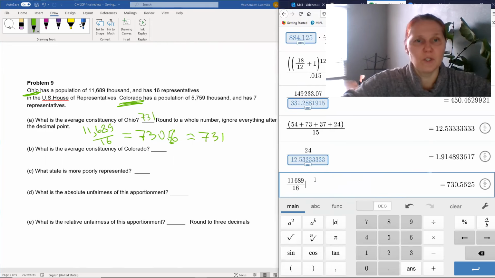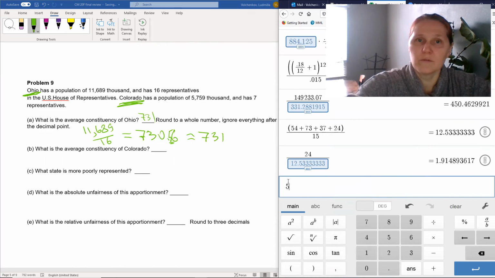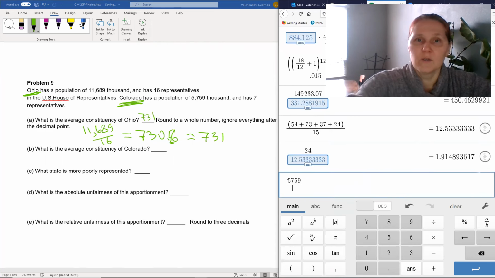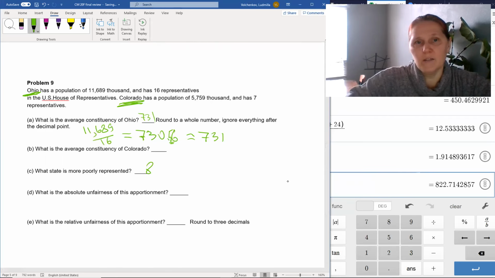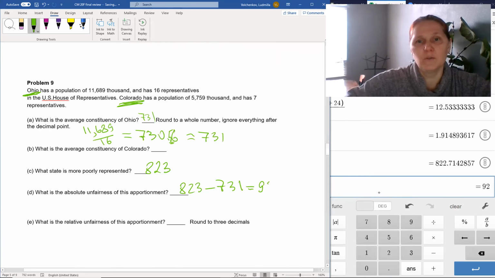Average constituency of Colorado is 823. Also, we round up because the next digit is 7. Absolute unfairness is the difference, 823 minus 731, 92.